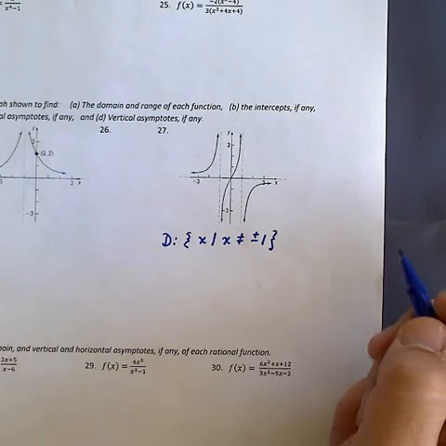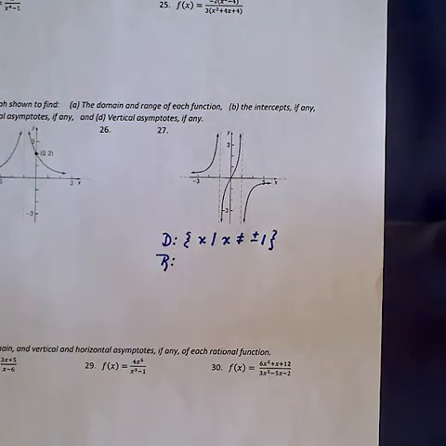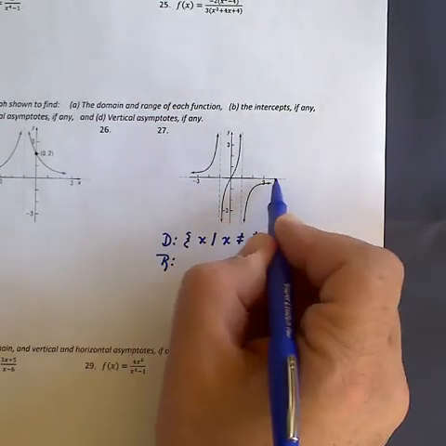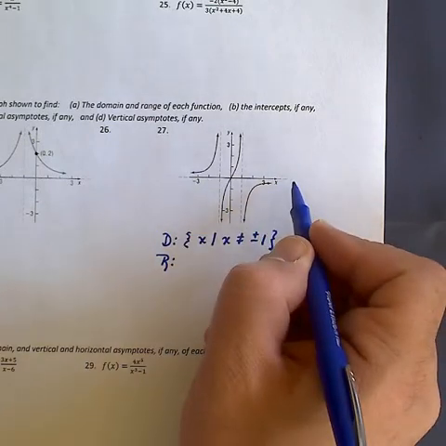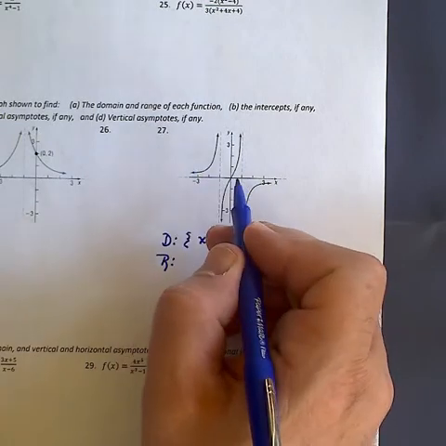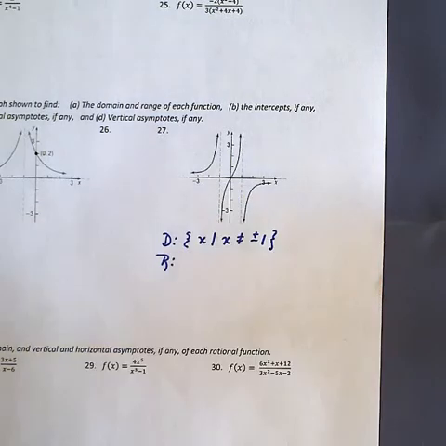Now, for your range, going from the bottom to the top, I notice a dotted line here on the x-axis. There's a horizontal asymptote on the x-axis. That's y equals 0. But this middle section of the graph crosses that asymptote. So a horizontal one can.